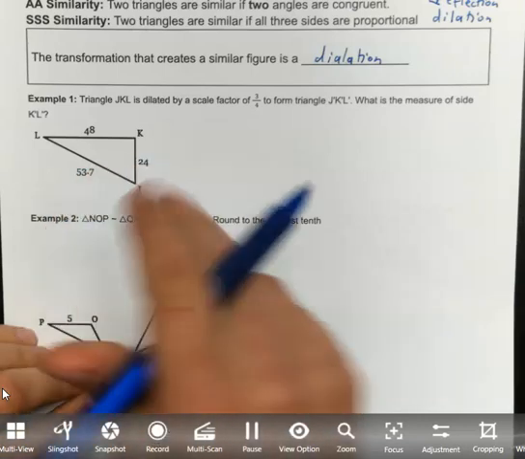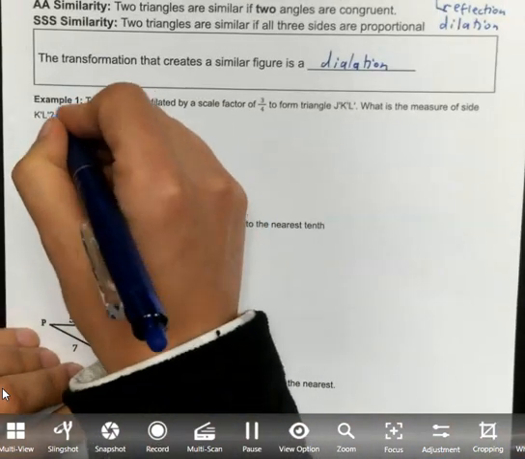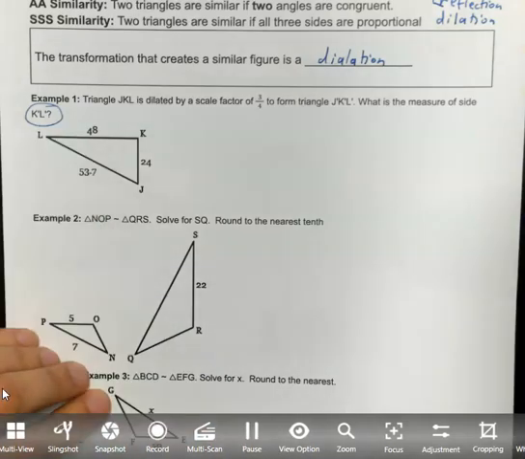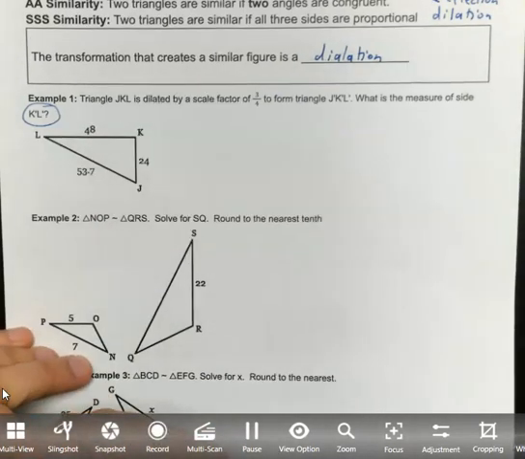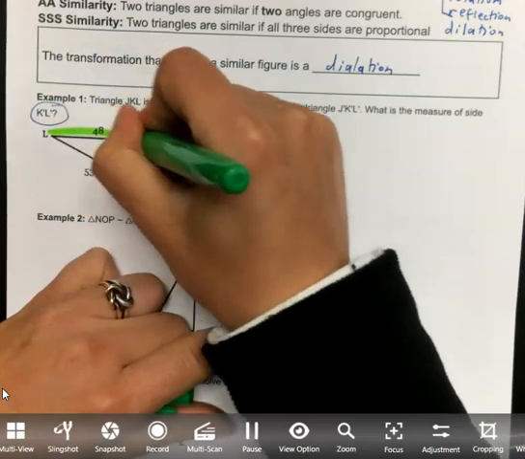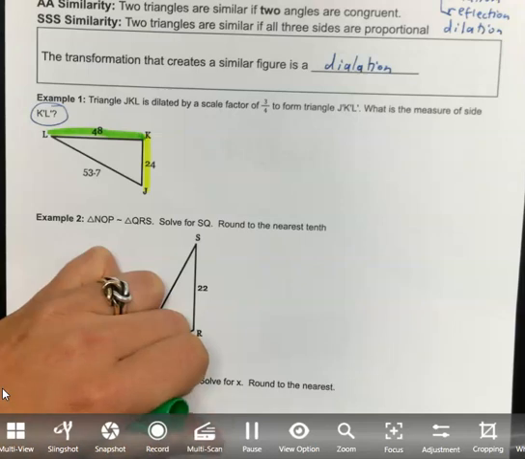So first they ask, what is the measure of side K'L'? The new KL. So I go to my old KL, and my old KL is right here. Okay, I actually made a mistake right there. So this old KL is right there.